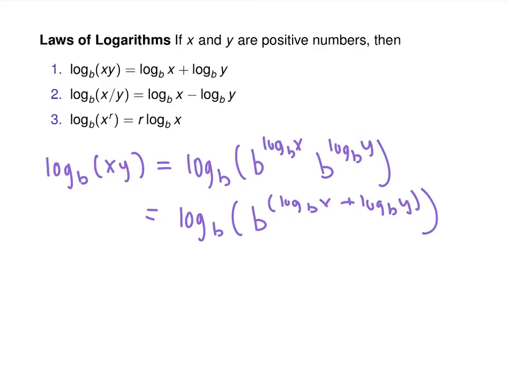And if you have log b and then b to the stuff, what happens to this log b and this b? They cancel and you just get stuff. And so this is log b x plus log b y. They come from the rules for exponents.